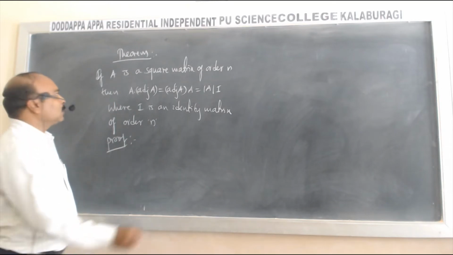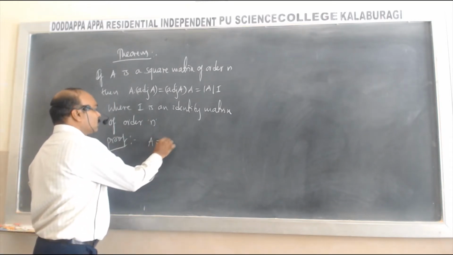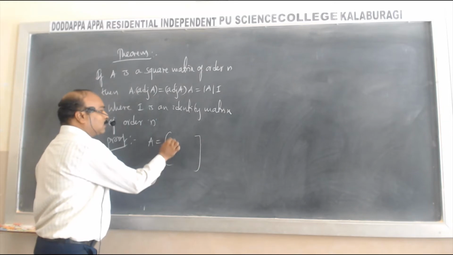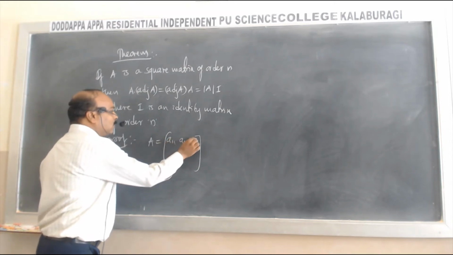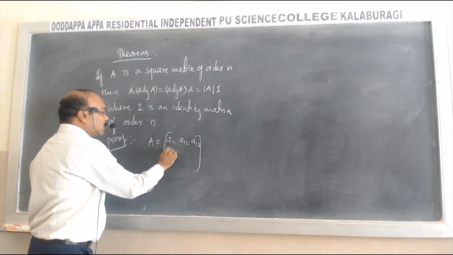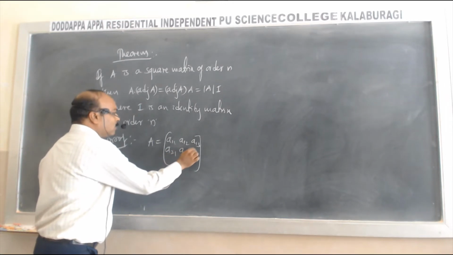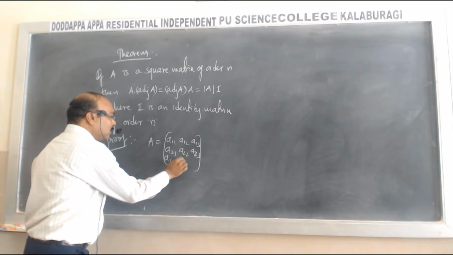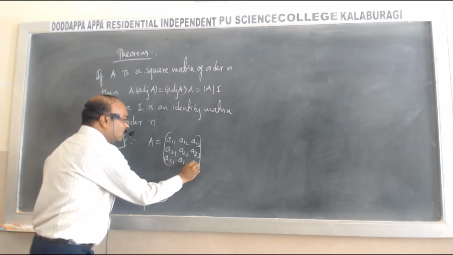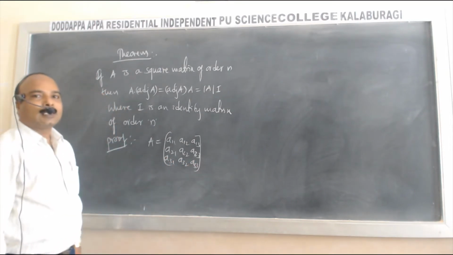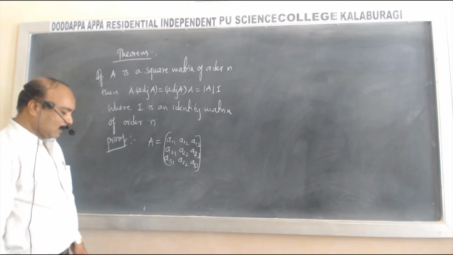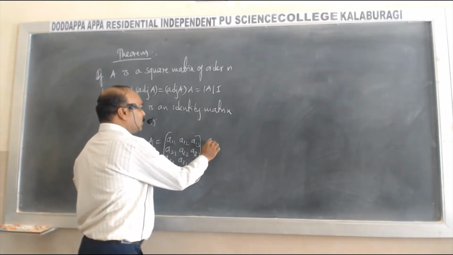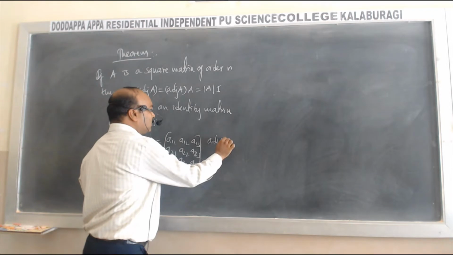Now we consider a square matrix A with elements a11, a12, a13, next a21, a22, a23, third row a31, a32, a33. Now it is a given square matrix. Using this matrix we calculate the adjoint.